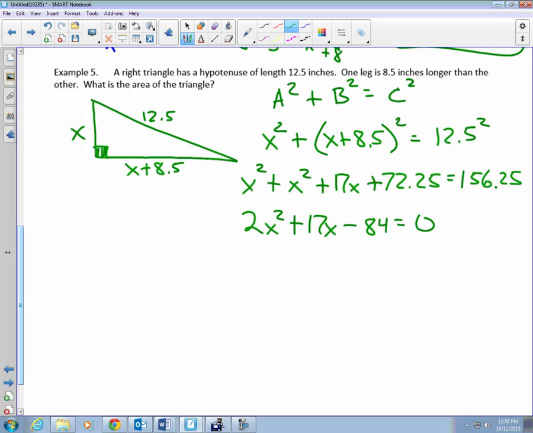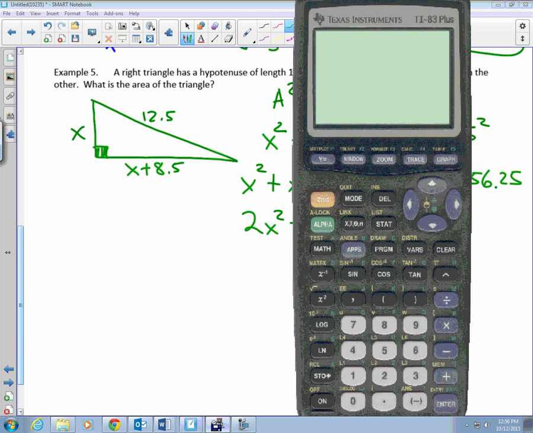Now what? 3 options. Complete the square, factor, quadratic formula. You have the quadratic formula on your calculator. All right, use it. Take it out. On. Program. Execute. Enter.